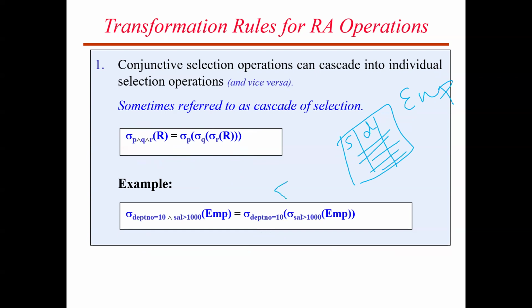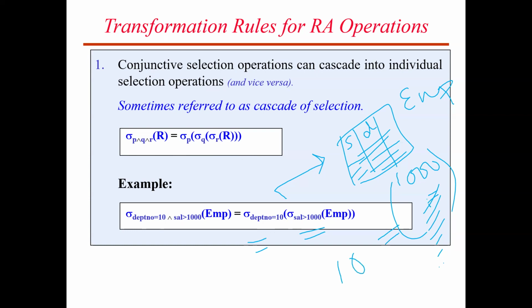Now, not talking about the right-hand side, it is saying get me all the rows whose salary is greater than 1000. Once you get all these rows, you are applying one more condition, which says get me all those employees whose salary is greater than 1000 and whose department is equal to 10.